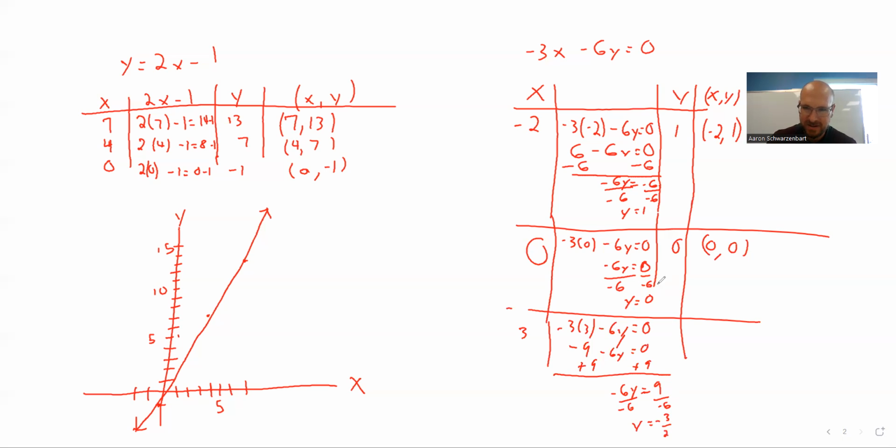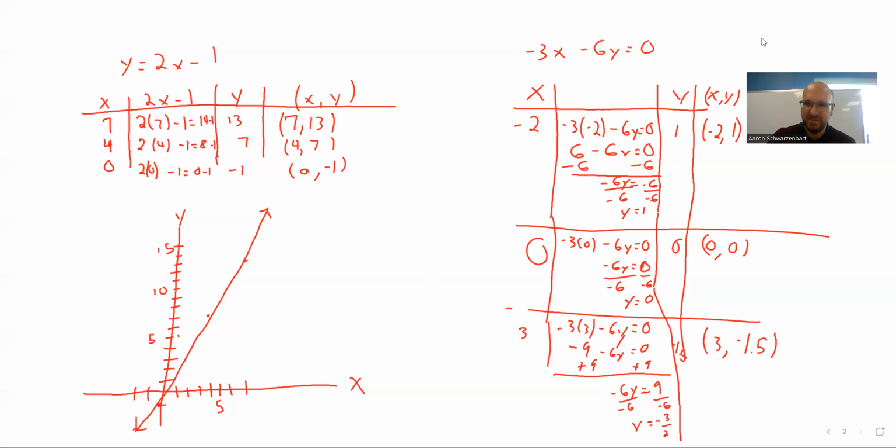Oh, not a nice number like -3/2. That's -1.5. So my point here is 3, -1.5. Not the easiest. Apparently I should have chosen even numbers because they give me whole numbers. But I can still graph it.